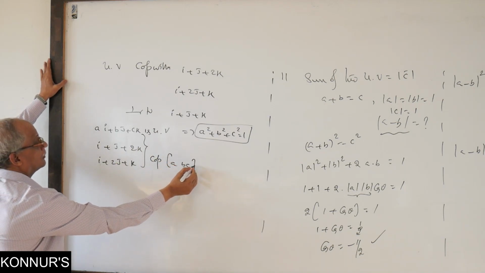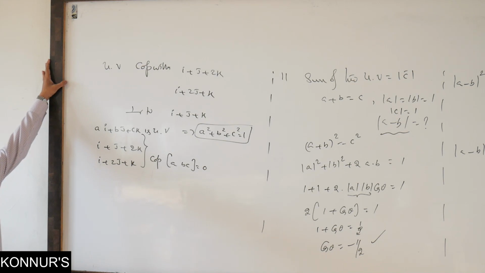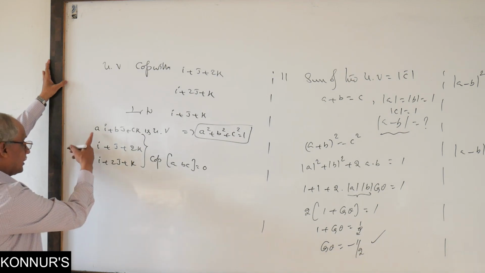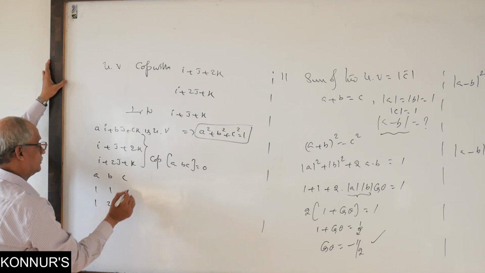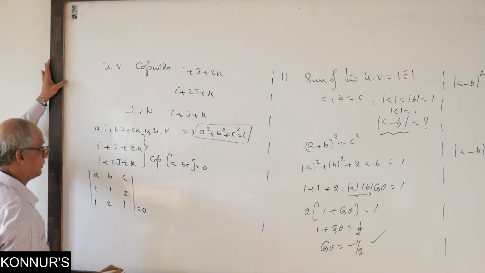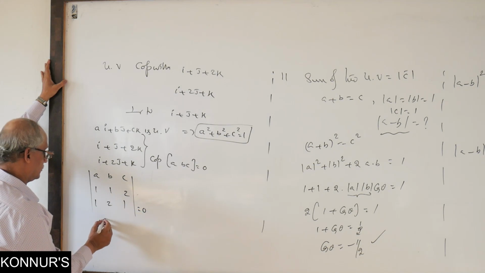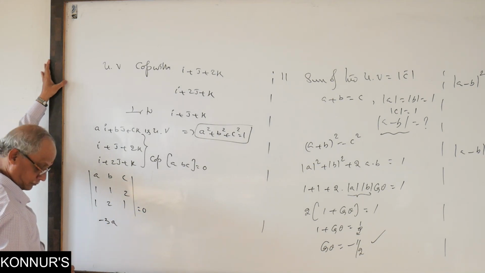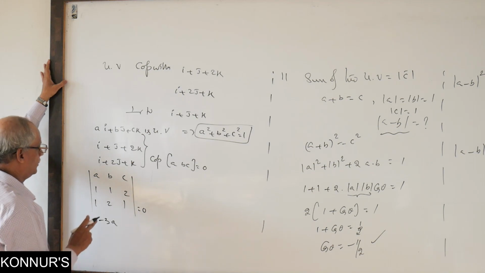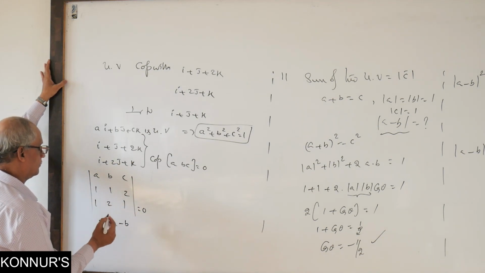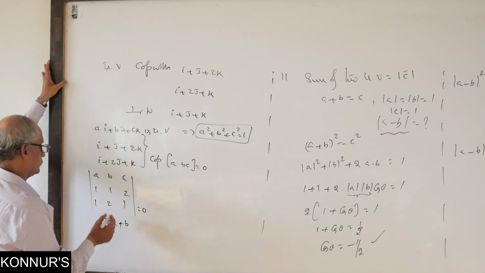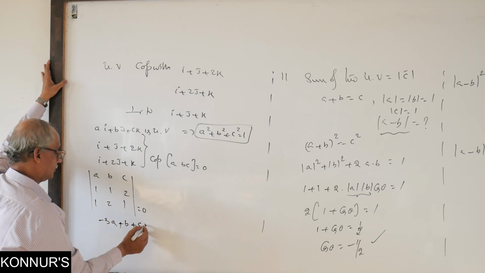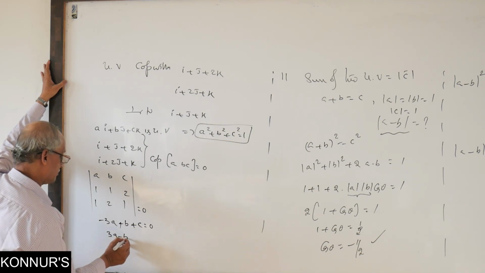We wrote it last time also. The box product, the scalar triple product, must be 0, so the determinant is 0. Write down the determinant: a, b, c; 1, 1, 2; 1, 2, 1 equals 0. Simplify: a into 1 minus 4, minus b into 1 minus 2, plus c into 2 minus 1 equals 0. That is 3a minus b minus c equals 0.